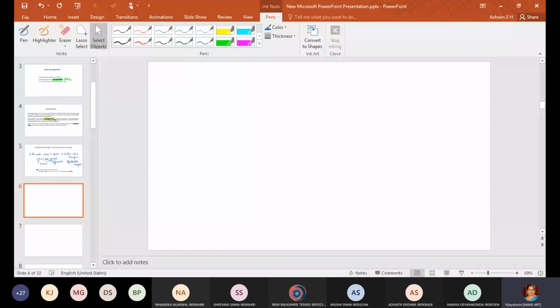Now I will discuss some basic logical notations associated with predicate logic. There are a few logical notations such as term.